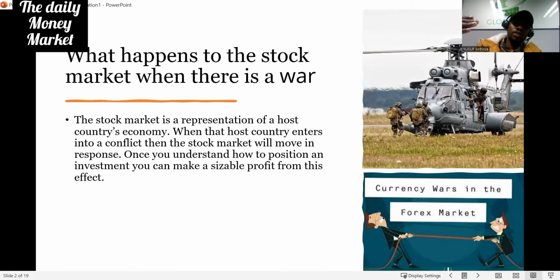When that host country enters into a conflict, the stock market will move in response. Once you understand the position, then as an investor, you can make a better decision so that you can make a better profit from whatever is happening to affect the market, right?